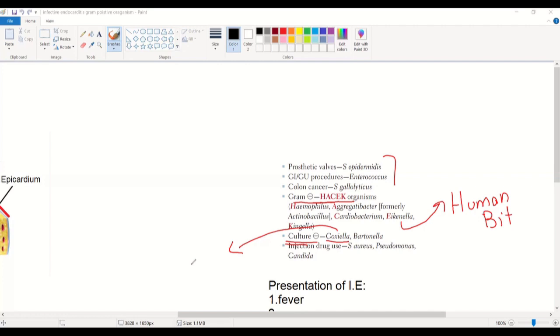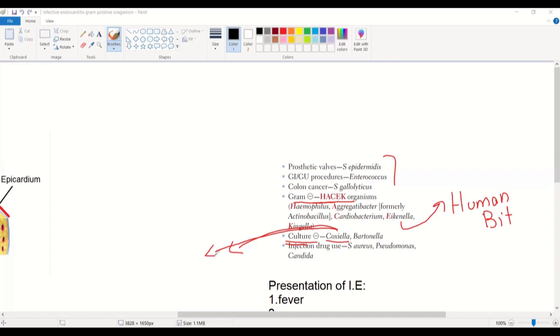Q fever is associated with inhaling cattle dander.